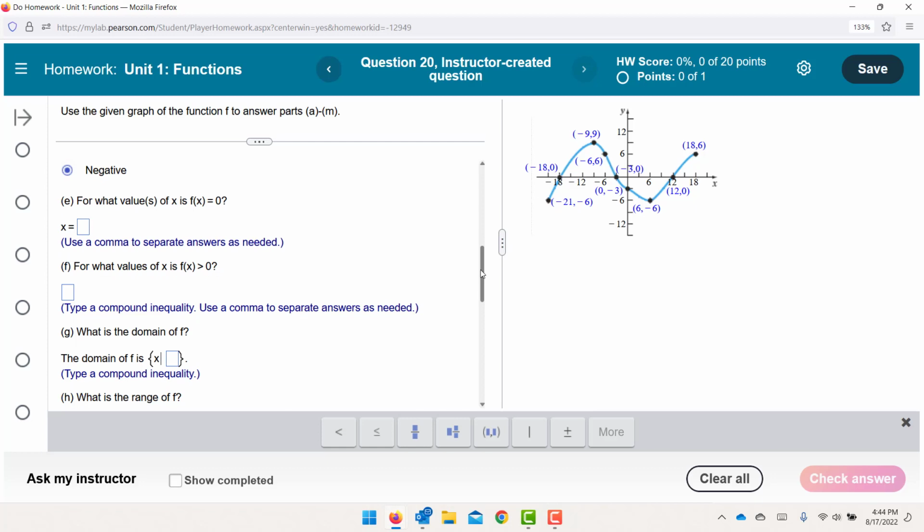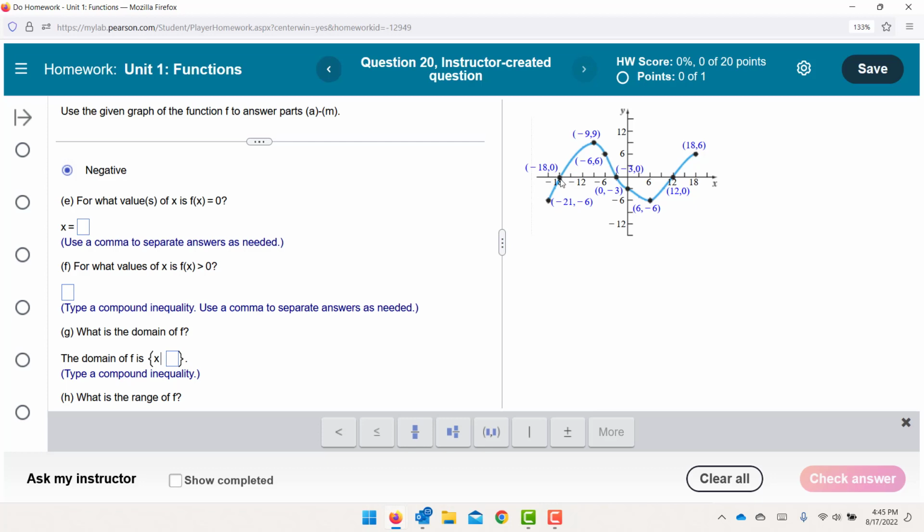Part E says for what values of x is f of x equal to 0? So for what values of x is y equal to 0? Or in other words, for what values of x is the curve on the x-axis, since the x-axis has the value of y equals 0? And it looks like we have 3 points where y is 0.